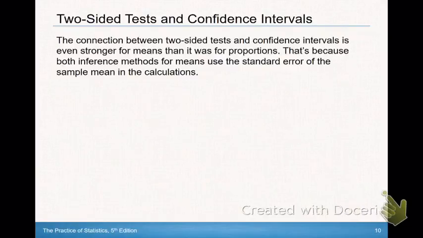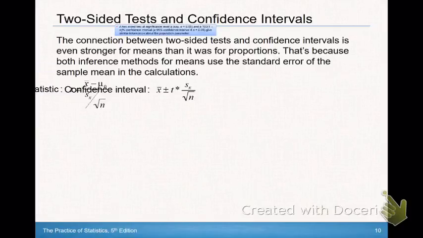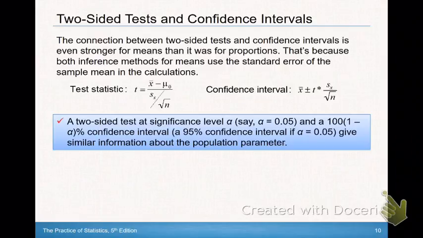For two-sided tests, the connection between two-sided tests and confidence intervals is even stronger for means than it was for proportions. That's because both inference methods for means use the standard error of the sample mean in the calculations. If you look, both the test statistic and the confidence interval use the standard error, the sample standard deviation divided by the square root of n.